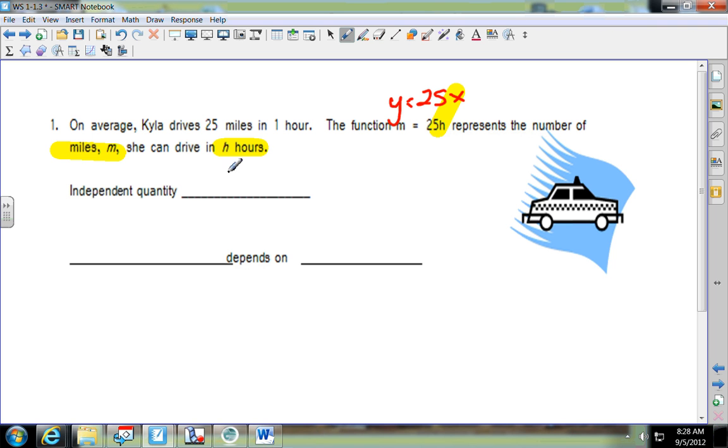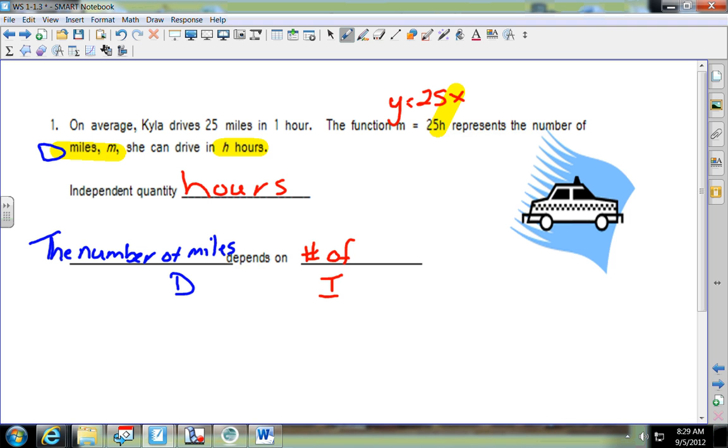Out of these two things, I know that hours has to happen first, the time. And so the dependent would be the miles. Now I have down here that blank depends on blank. Well, the dependent depends on the independent. So I have the number of miles depends on the number of hours.